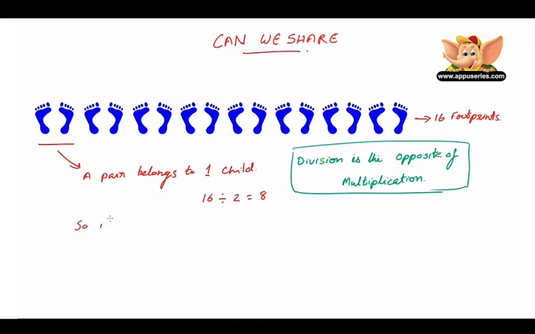So if 16 divided by 2 equals 8, then 8 times 2 equals 16. That's right. Very interesting, isn't it? So we could have solved the same problem by mental multiplication. For example, how many 2's would give you the number 16? 2 times 8 would give you 16.